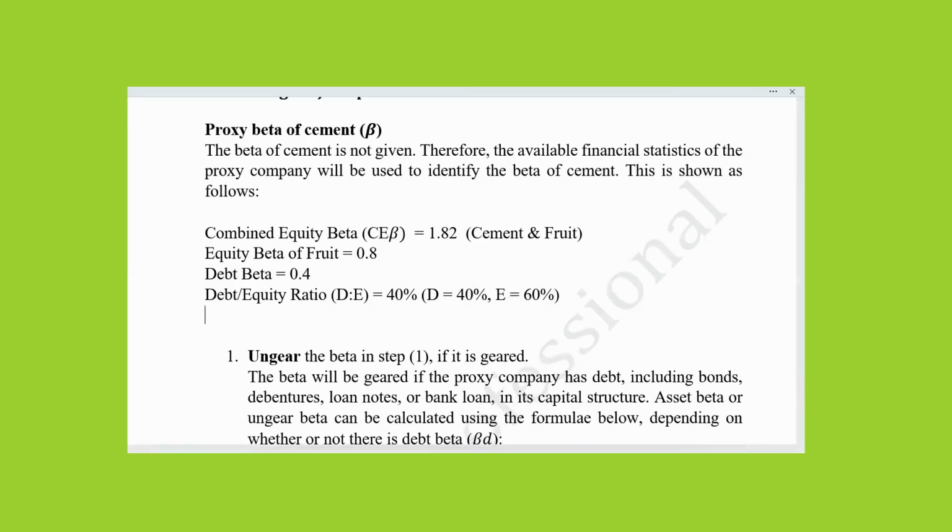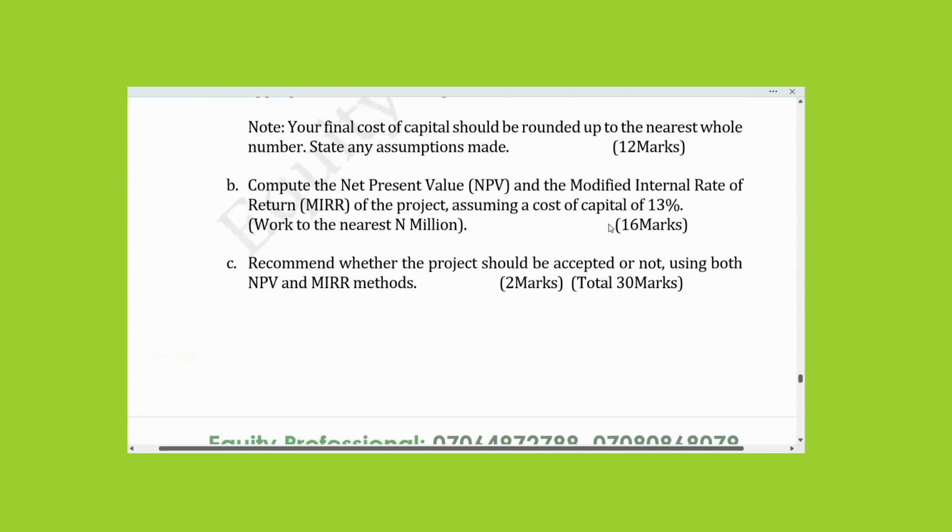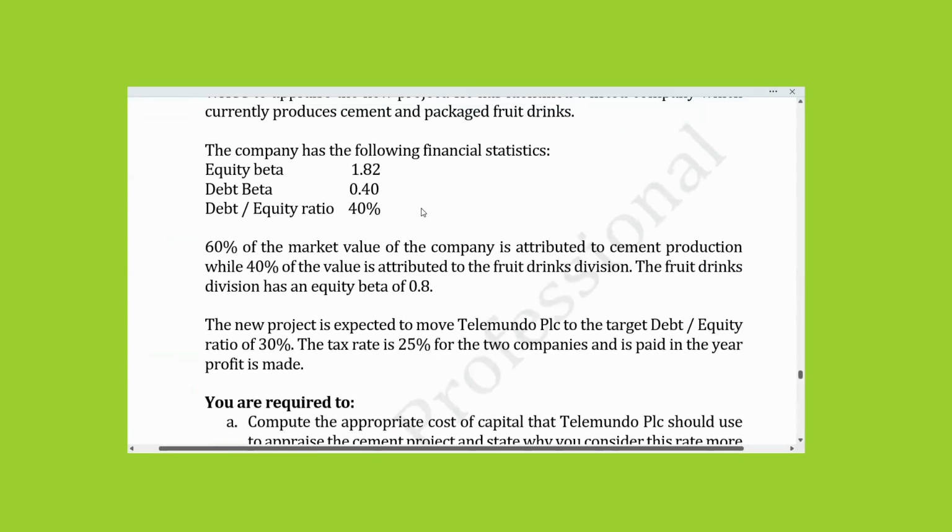We are also given market value. In the question, the examiner gives us the market value of cement to be equal to 60%. Let me confirm that. Yes, you are told that 60% of the market value of the company is attributed to cement production, while 40% of the value is attributed to fruit drinks.